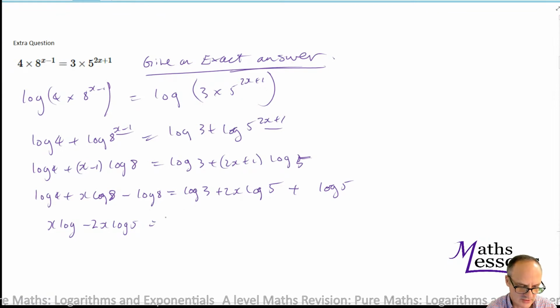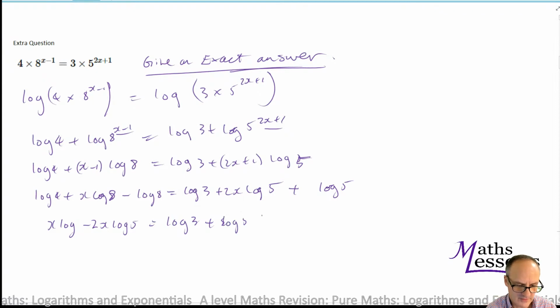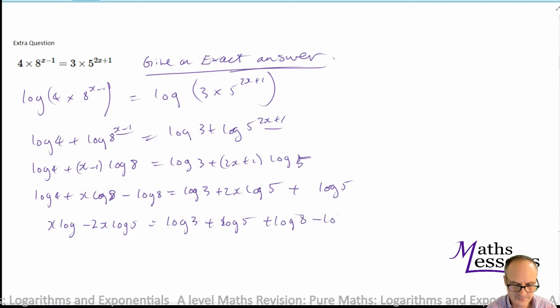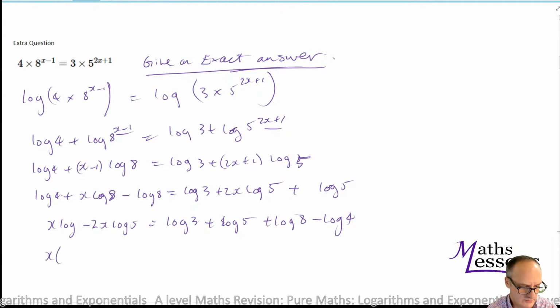So we're going to get log of 3 plus log of 5 plus another log of 8 minus a log of 4. So factorize this out and we get x times log of 8 minus 2 log of 5.